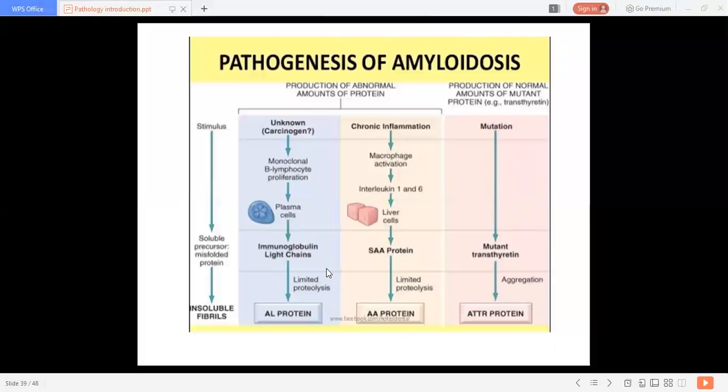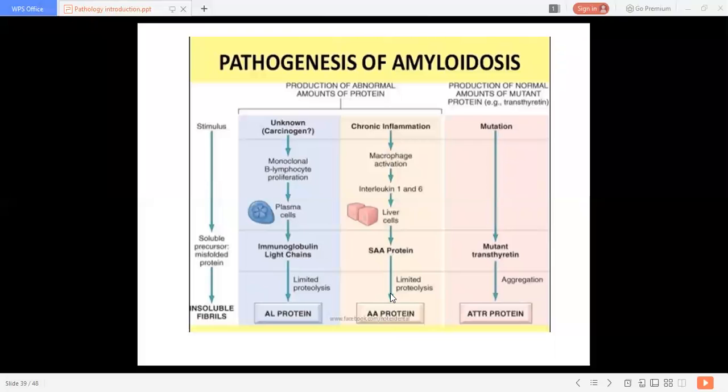Okay, and the next step is partial degeneration. It happens according to the type of the protein or type of the stimulus. So partial degeneration of AL amyloid forms in the macrophages, and partial degeneration or proteolysis forms in the reticuloendothelial cells or system.